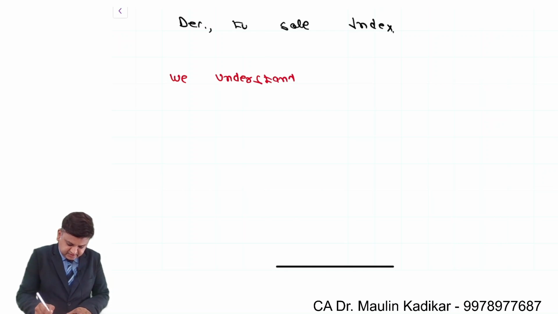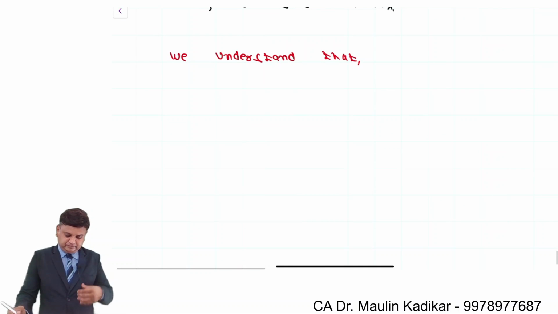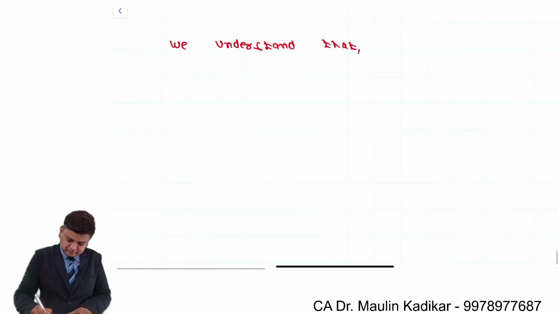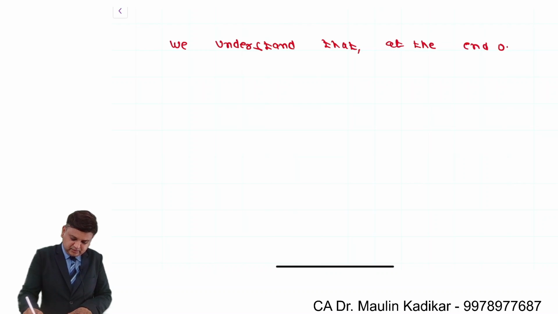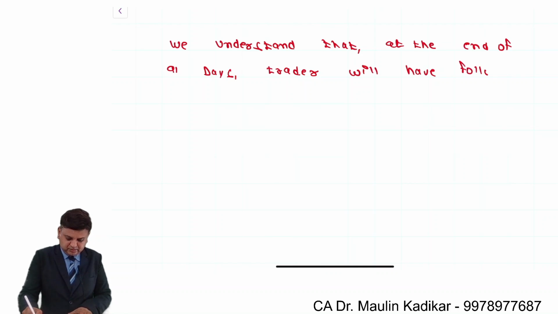We understand that at the end of 91 days, the trader will have the following position.